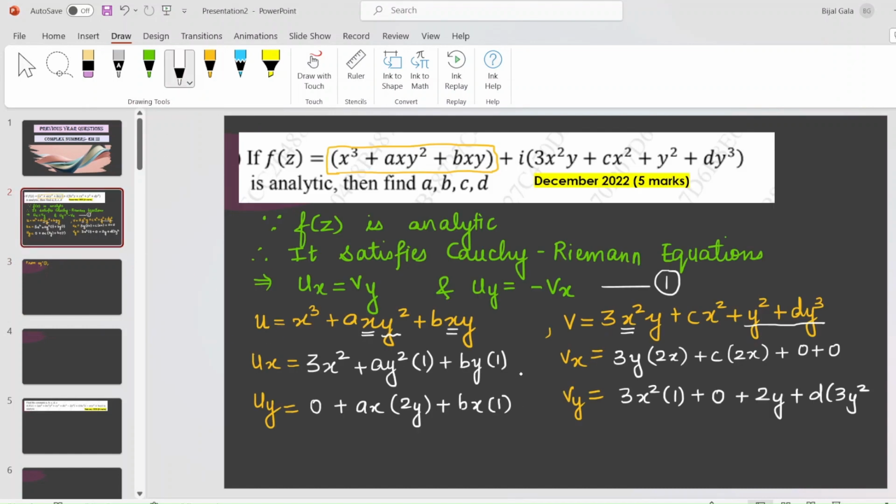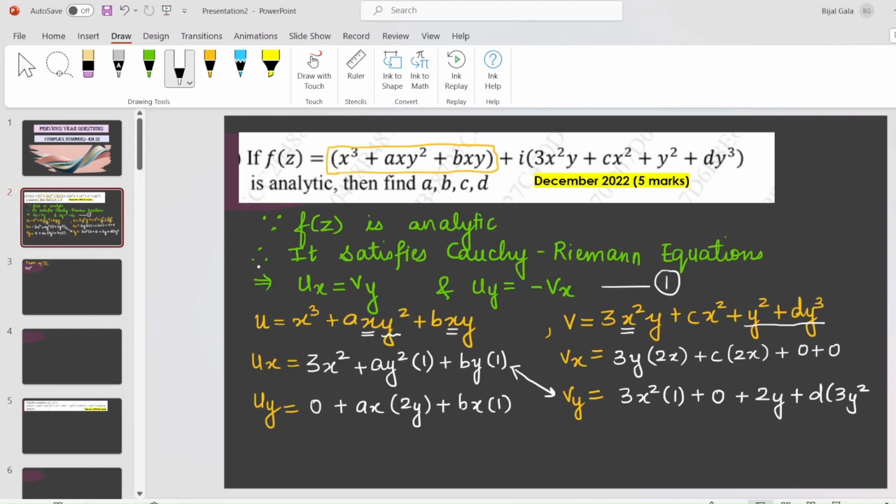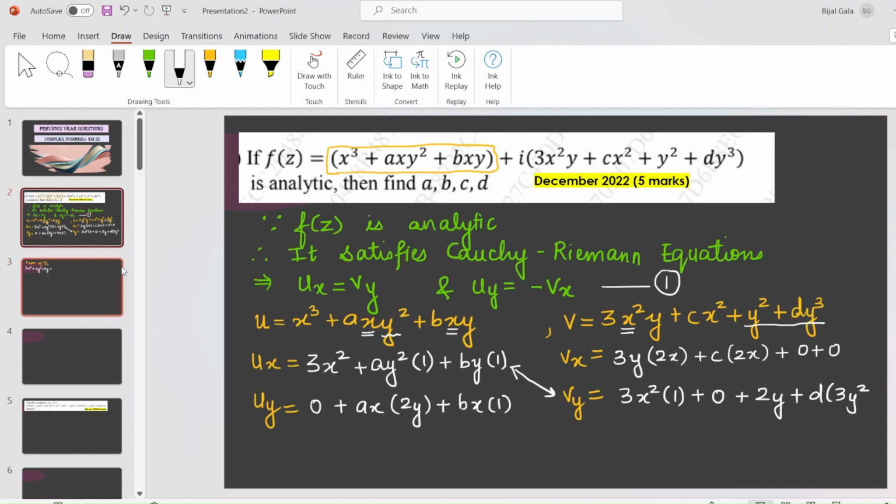So let's take down these two values on the next page. I have 3x squared as ux, plus ay squared plus by, equal to vy, which is again 3x squared, 2y and 3dy squared.